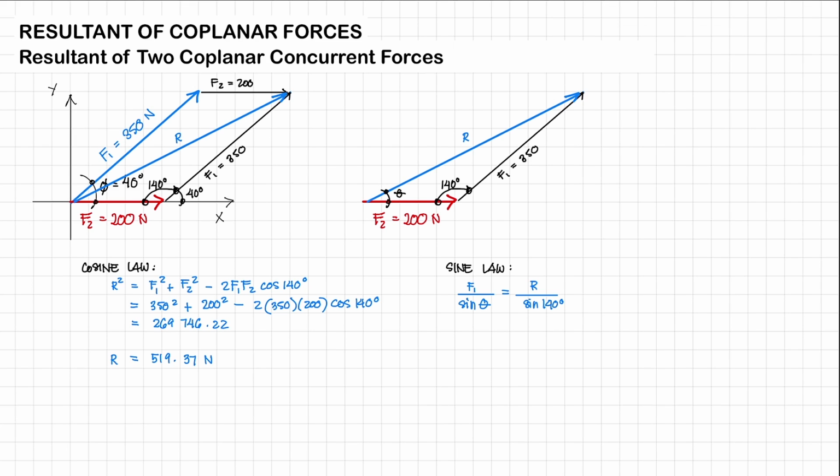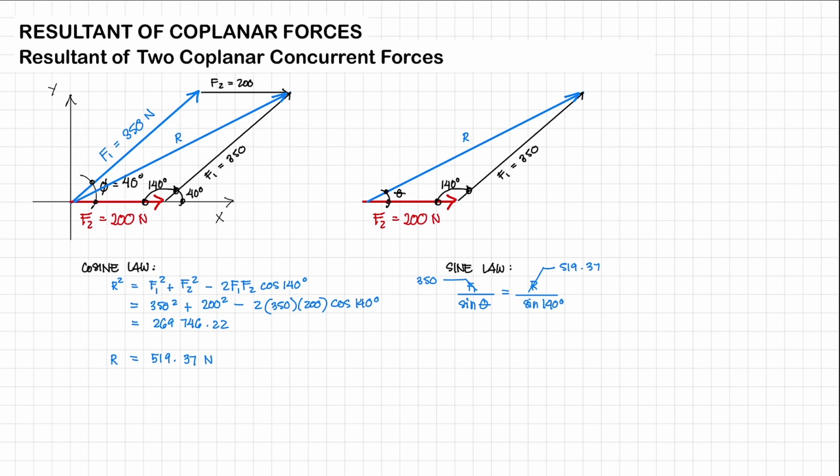Right? So we already know our resultant, and that is 519.37 newtons. And our F1 is given as 350. So the only unknown value here is going to be theta. So let's try and solve for theta.